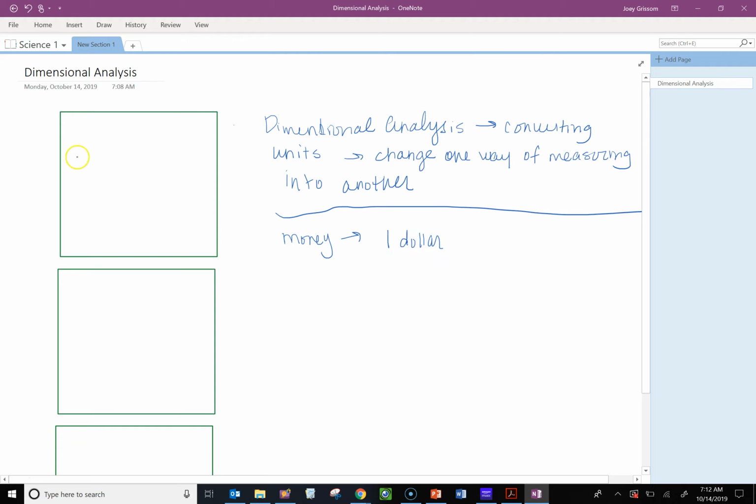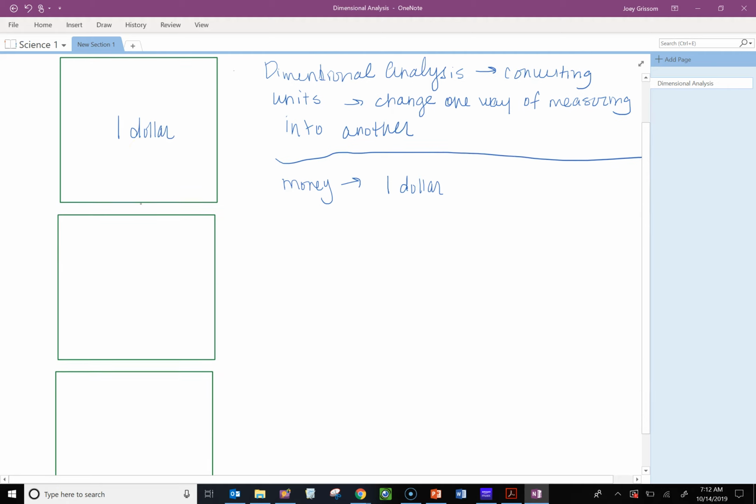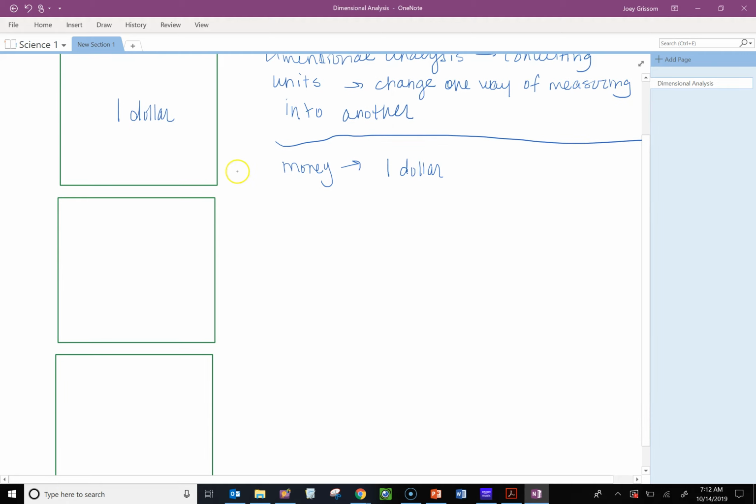So if we say that this box right here represents $1, I can take that dollar and I can break it up in a few different ways. Okay, so for example, if I want to take that dollar and split it amongst 4 different people, right? So this whole box still represents $1, but if I want to break it up into 4 people, I can do that, right? Where each individual is going to get 25 cents, right? They're all going to get a quarter.